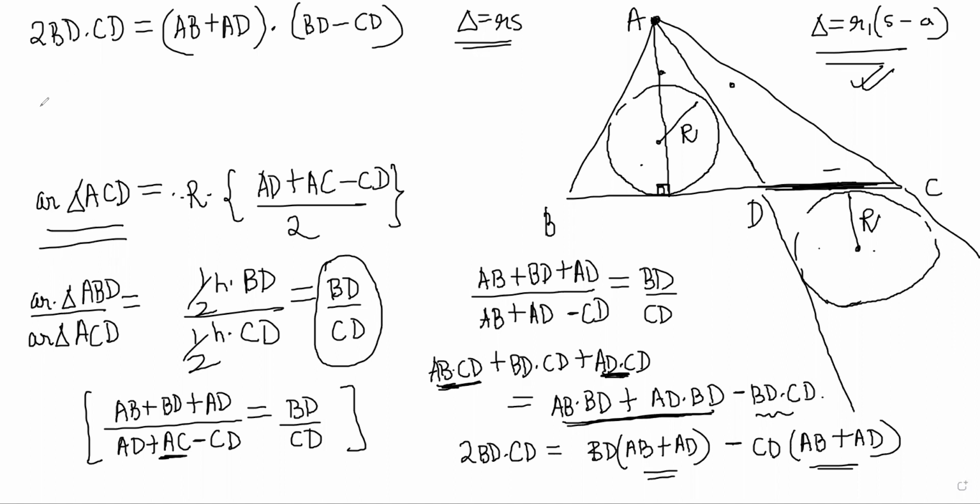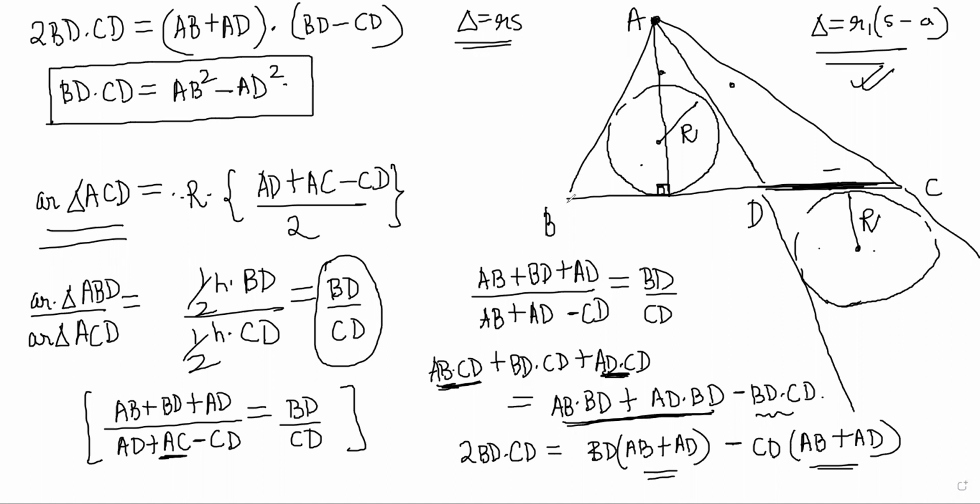And now recall that we had applied Stewart's theorem earlier and we had gotten BD into CD is equal to AB square minus AD square. Earlier we had gotten this by applying Stewart's theorem in the triangle ABC here, right? So I will use that result now here and what I will get is 2 times (AB square minus AD square) is equal to (AB plus AD) multiplied by (BD minus CD), right?